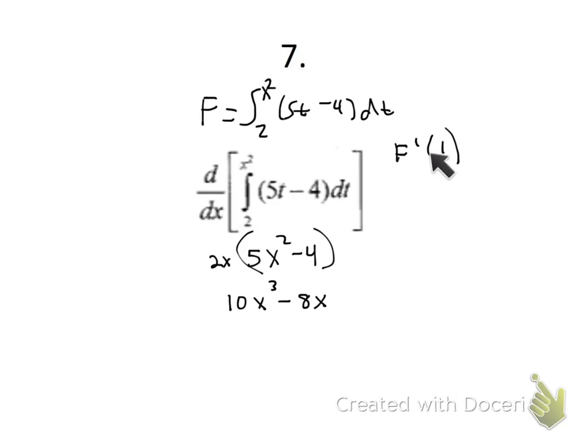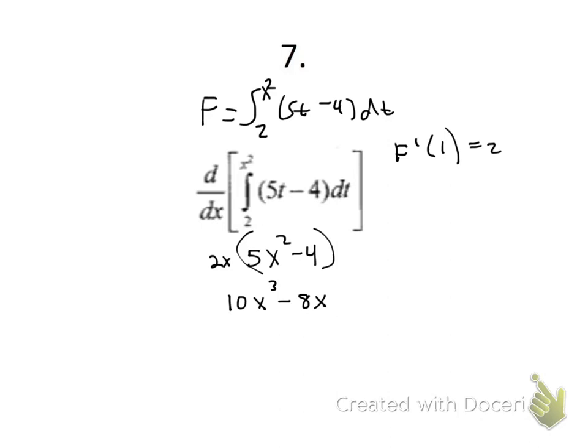So that means the derivative of this, which is that, and then plug in 1. So 10 minus 8 would be 2. Makes sense?